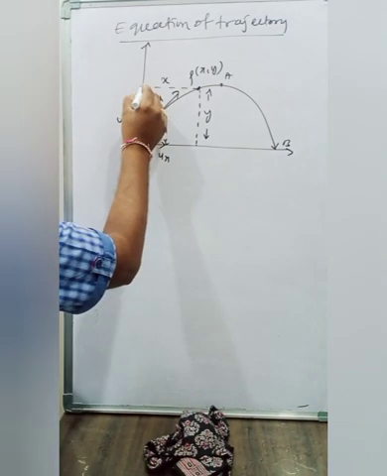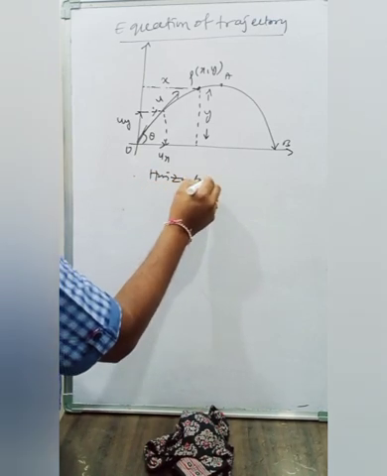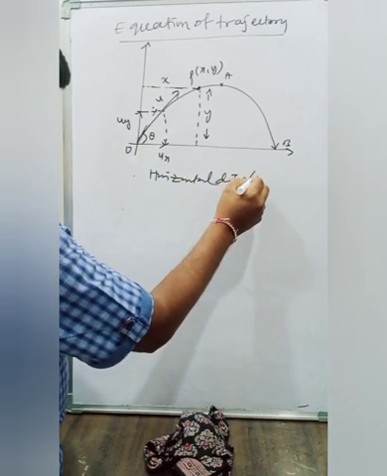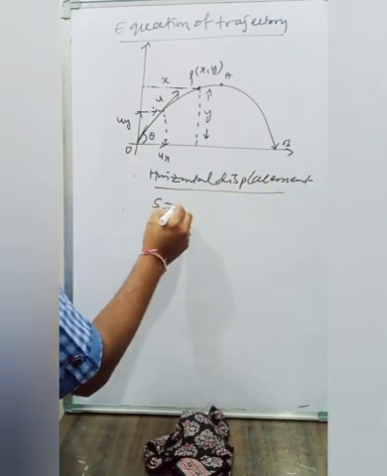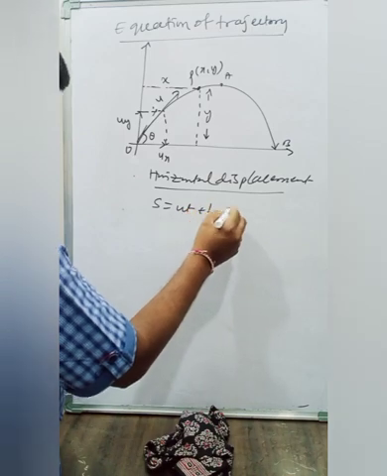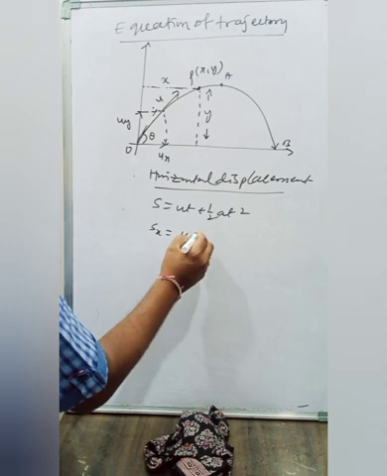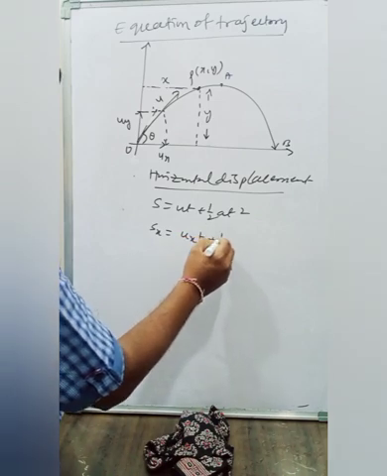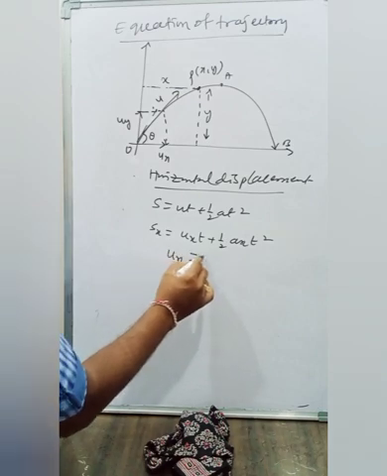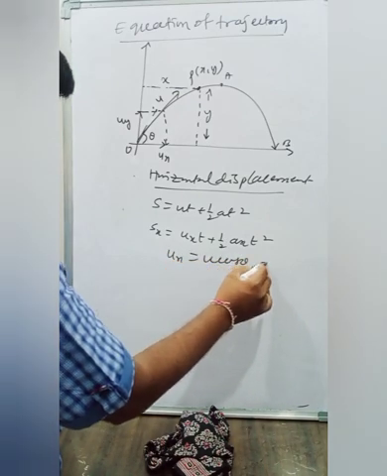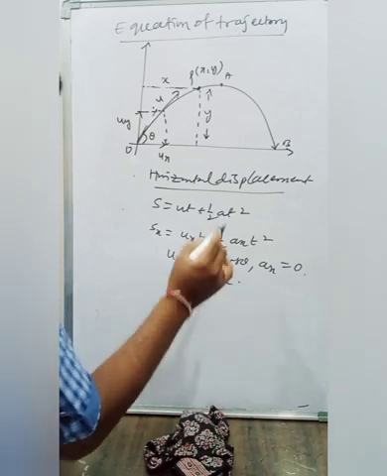Now we have to calculate the horizontal displacement. S = ut + ½at². Slightly modifying the above equation, Sx = ux t + ½ ax t², but ux = u cos θ, ax = 0, and Sx we call x.